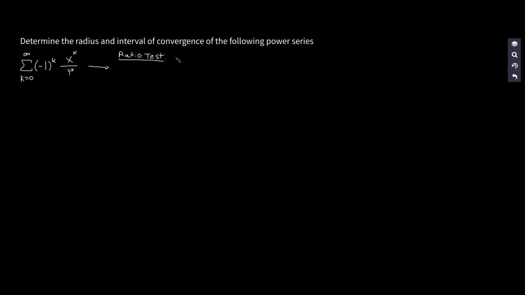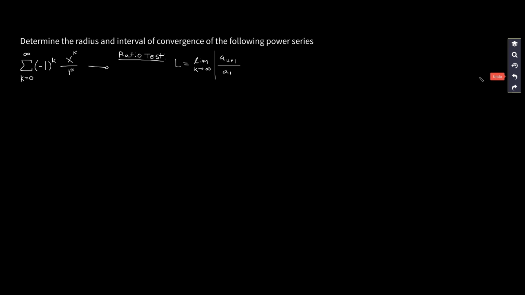So that means that let's say the limit equals L, L stands for limit. So L equals the limit as k approaches infinity, the absolute value of a sub k plus 1 on the top, and then a sub k on the bottom.